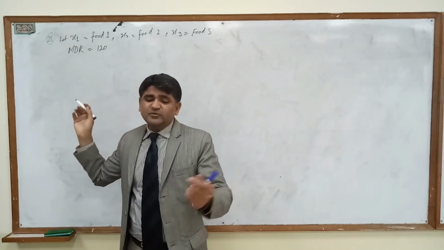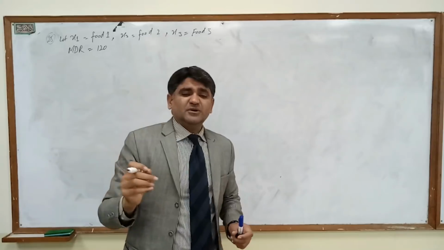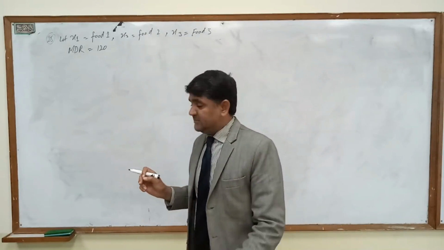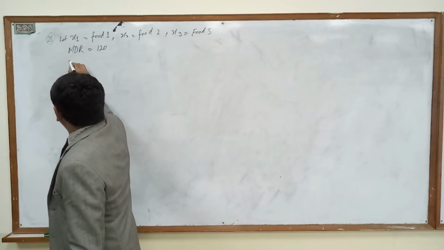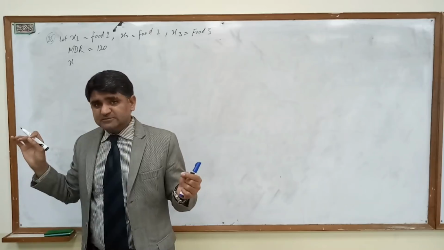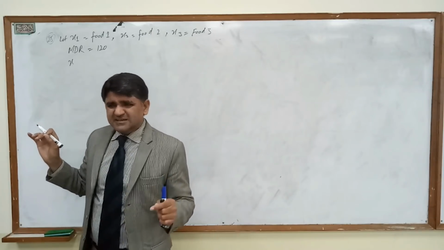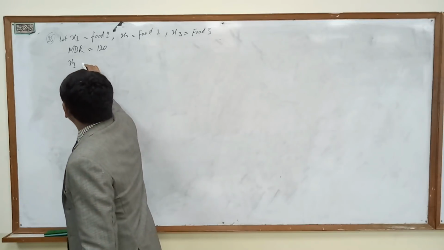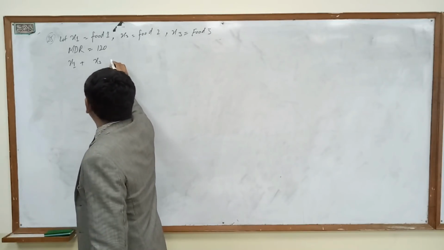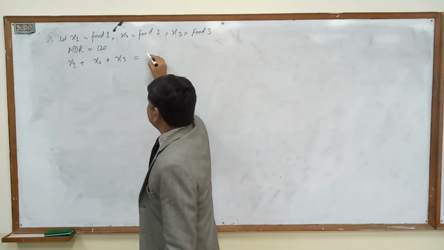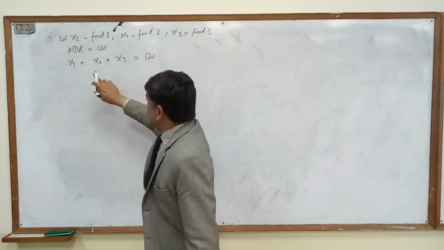So we have the values for 1 ounce of food 1, that is 8 milligrams of vitamins. So the nutrition plan contains 3 types of foods: x1 plus x2 plus x3 is equal to the minimum daily requirement, 120.